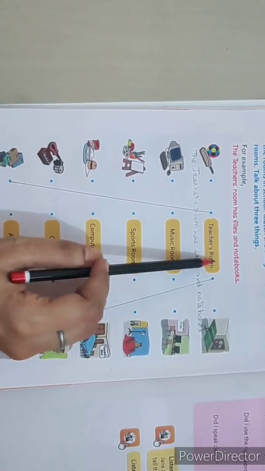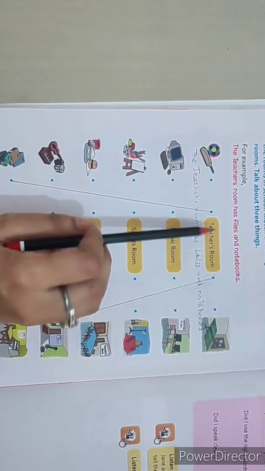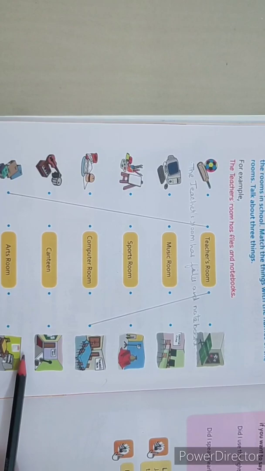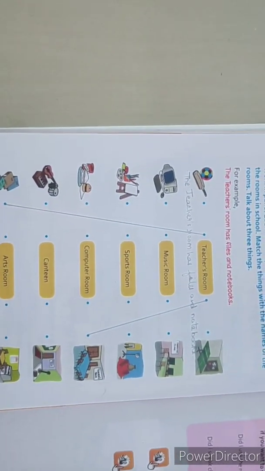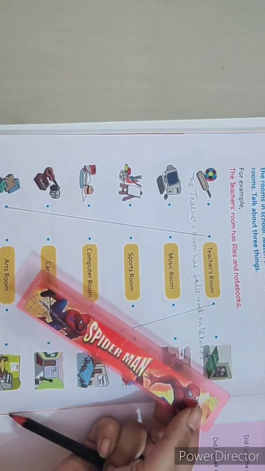Now on either side of the teacher's room there are two blue dots, on the left hand side and on the right hand side. Now what will you do? From one blue dot you will draw a straight line with the help of a ruler.